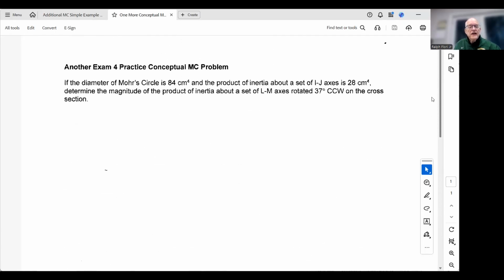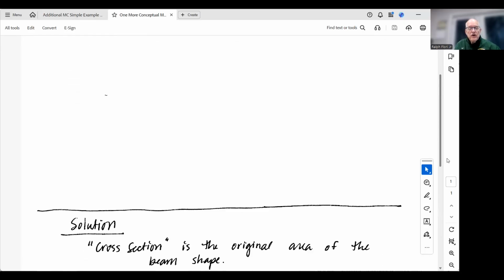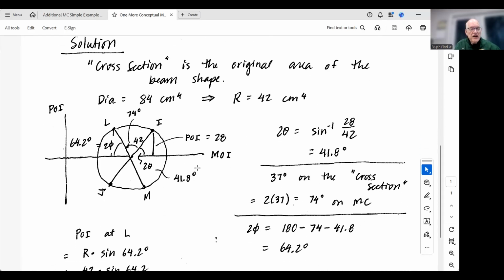And so the problem says, find the magnitude of the product of inertia about a set of axes rotated 37 degrees counterclockwise on the cross section. So that's 74 degrees on Mohr's circle. So then we're going to start here, and then we're going to take 74 degrees counterclockwise.